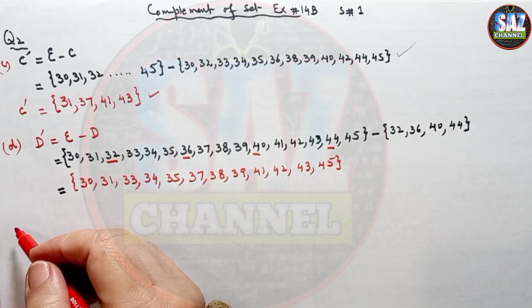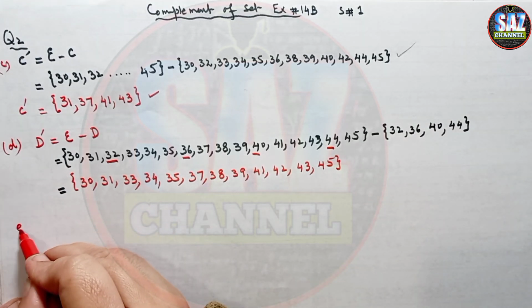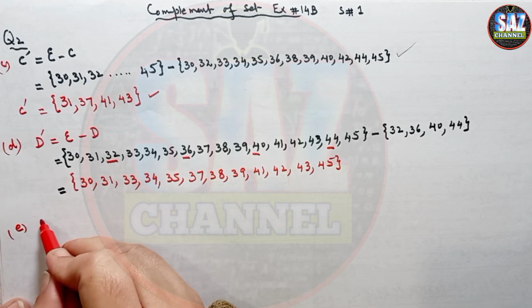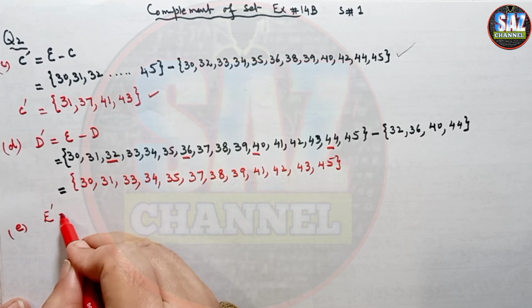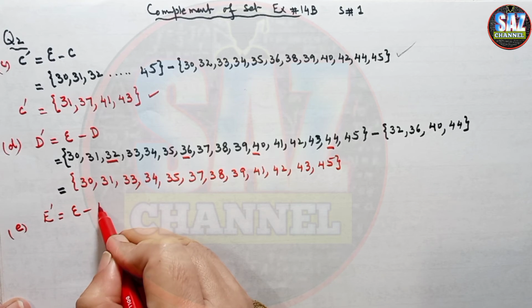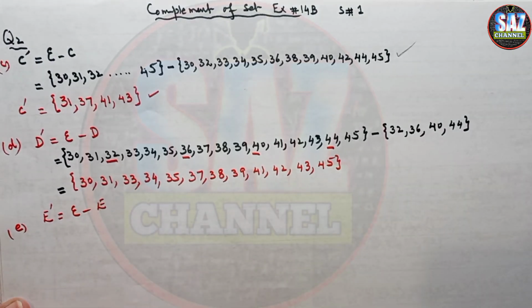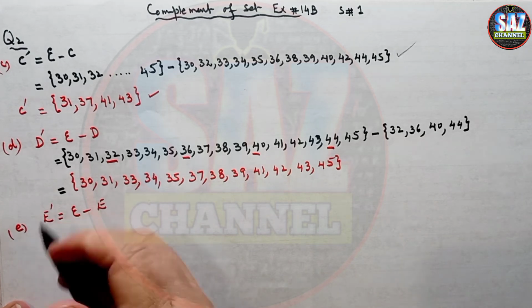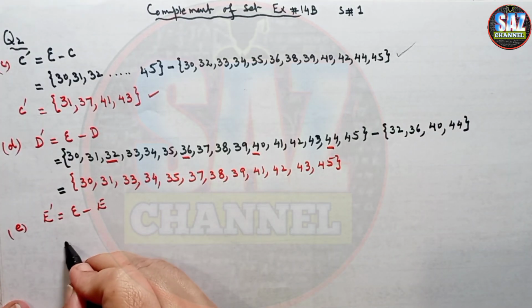And let's quickly move to E part of the question, that is E complement. E complement will be equal to universal minus E. And now quickly we have to place the elements of universal. The universal is starting from 30.